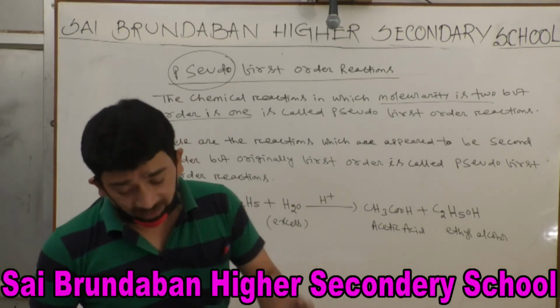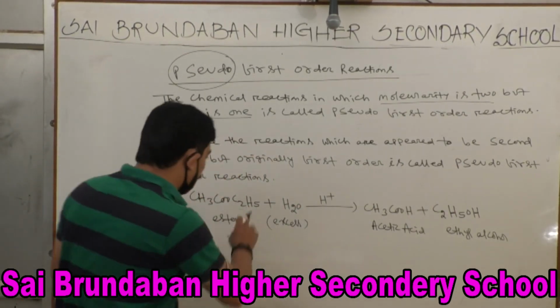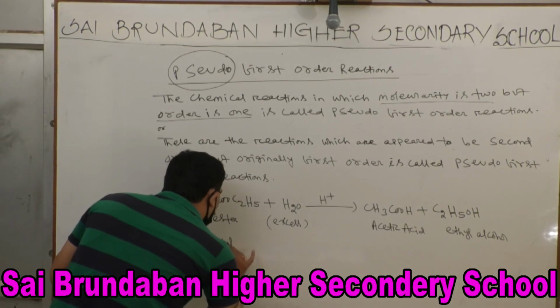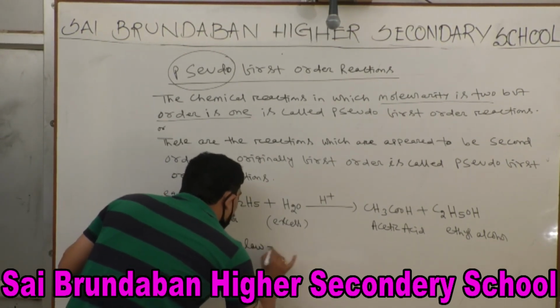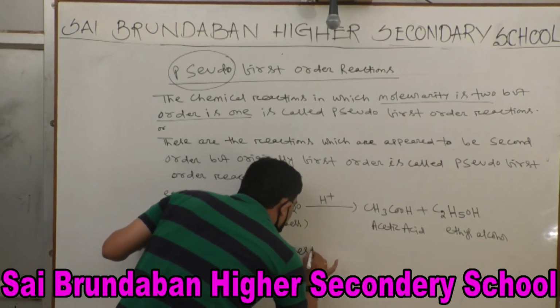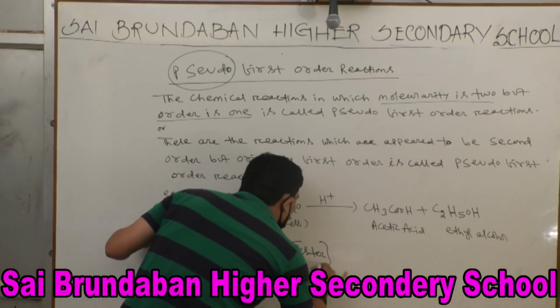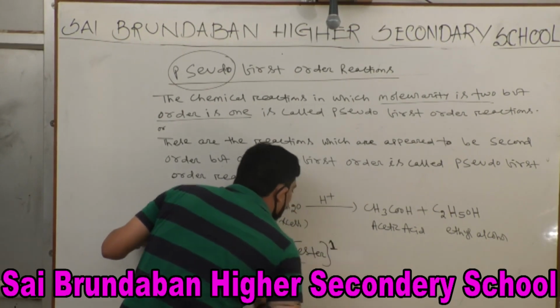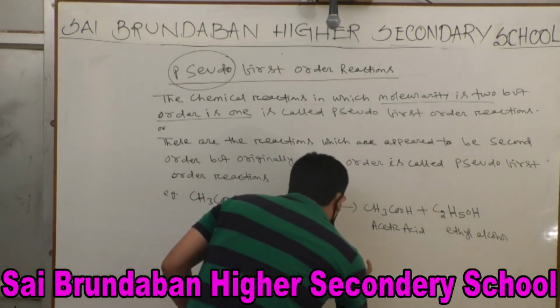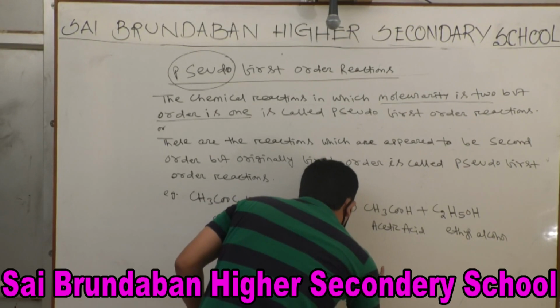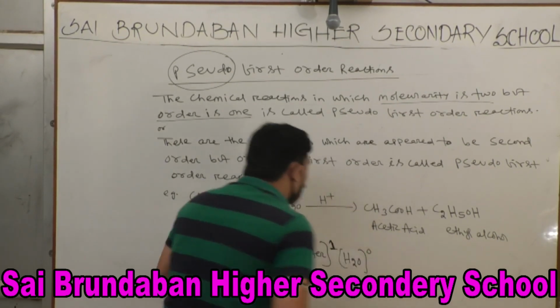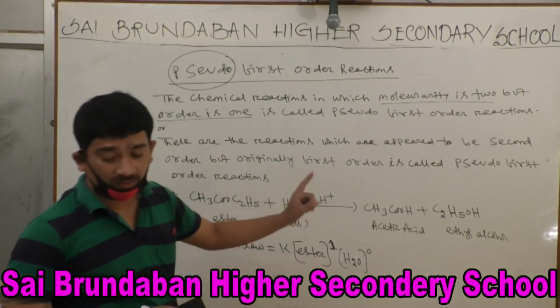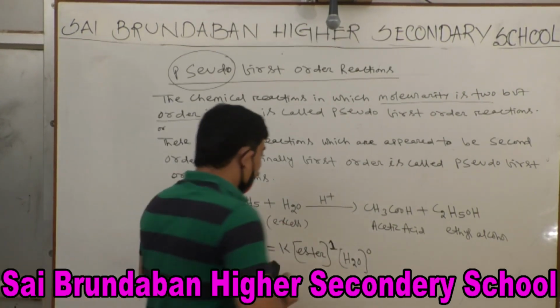Because of the concept, practically write down. So for this reaction, rate law equals K ester to the power 1. It does not depend on water, so we can write water to the power 0.